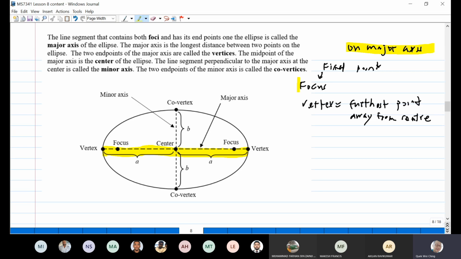The length of the major axis is 2a. You can see from here, this part is a, another part is a. So this whole length is 2a.